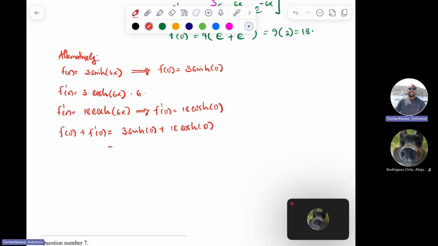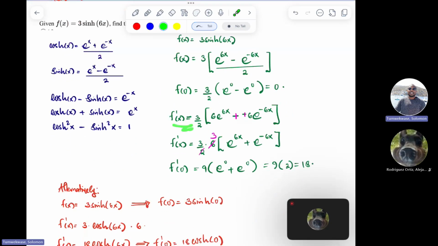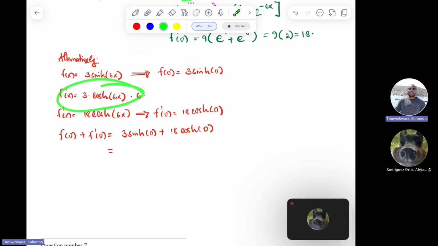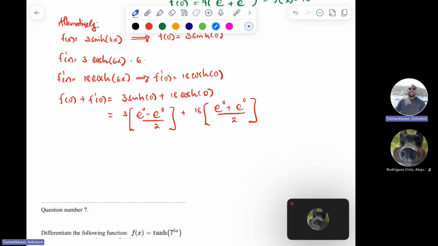Now you can bring in your exponentials. What I'm showing you is that you can first write the function in terms of the exponentials and then take a derivative, or you can take the derivative, and after knowing the derivative, change the function to the exponential. So this is 3 times (e to the 0 minus e to the 0) over 2, plus 18 times (e to the 0 plus e to the 0) over 2. And this first part is 0.